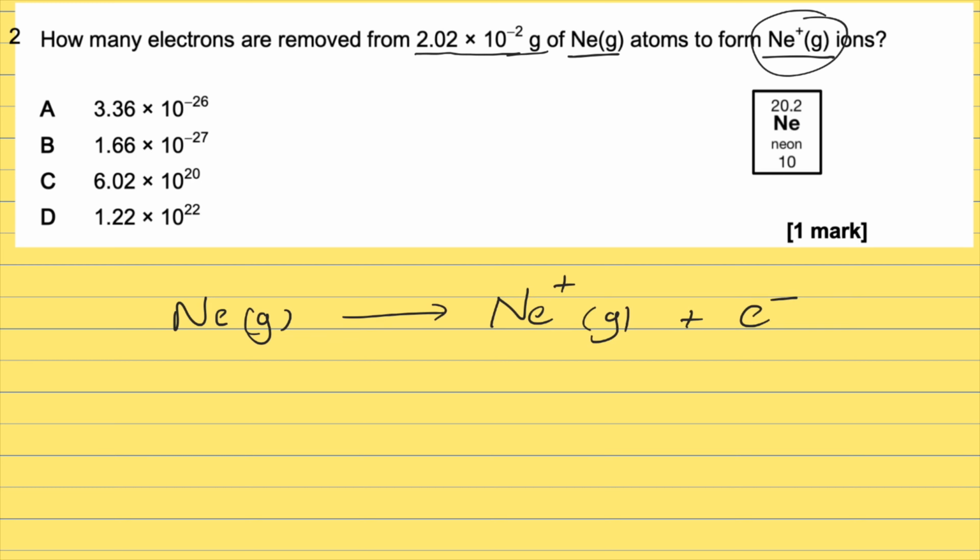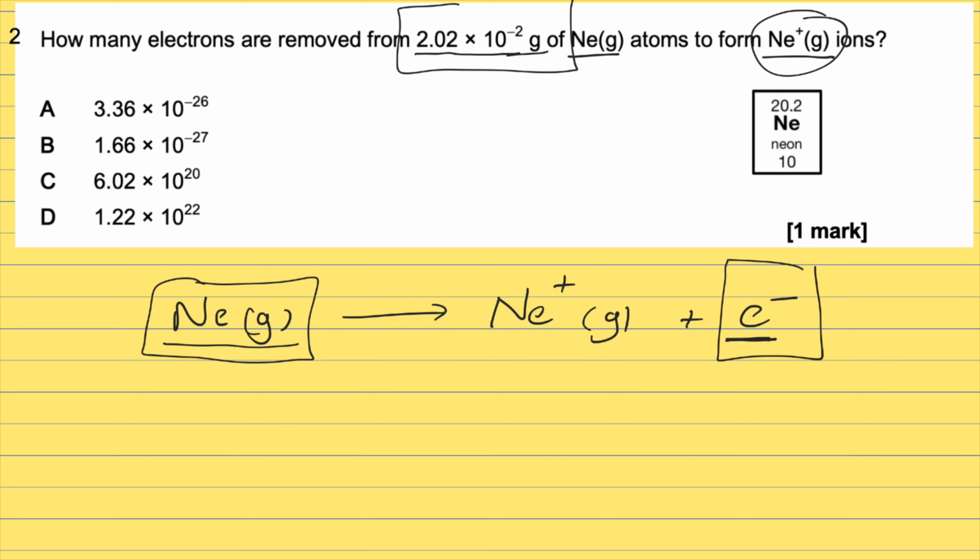Because it's a 1 plus ion, we're removing 1 mole of electrons for each mole of neon atoms. So our first job is to calculate how many moles of neon there are, because we know the mass of neon. Then we can work out how many moles of electrons we've removed, and then we can work out how many electrons we've removed.